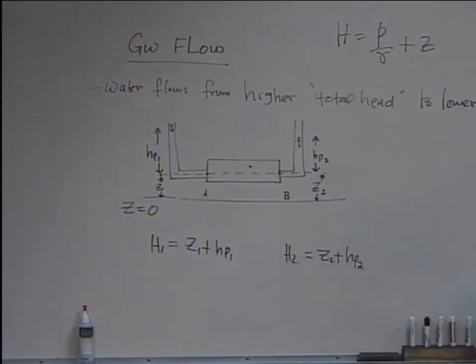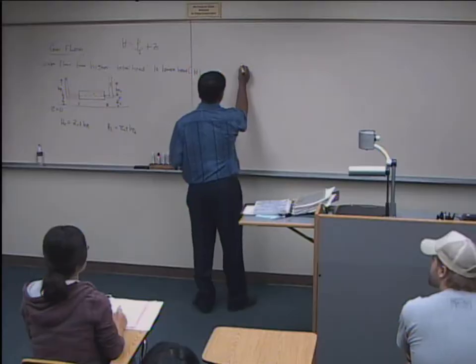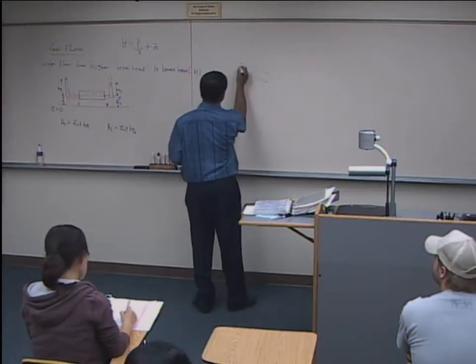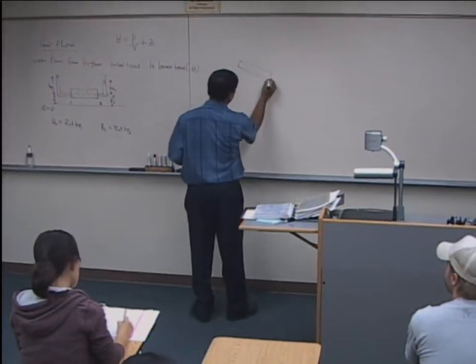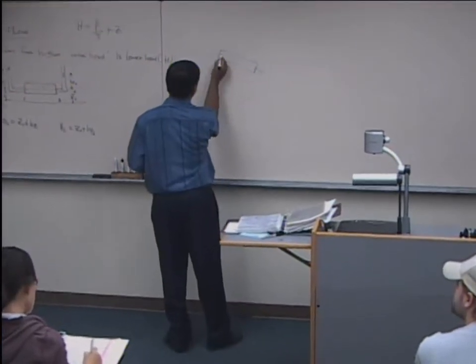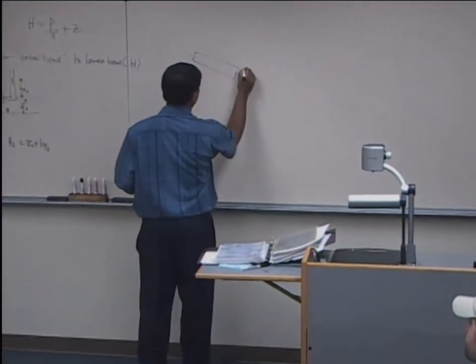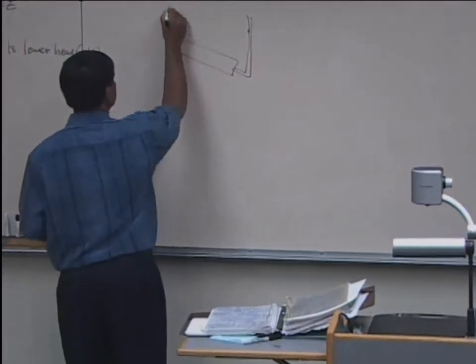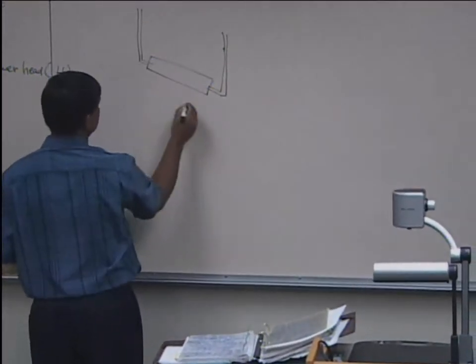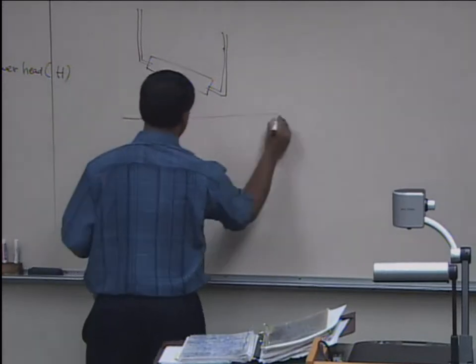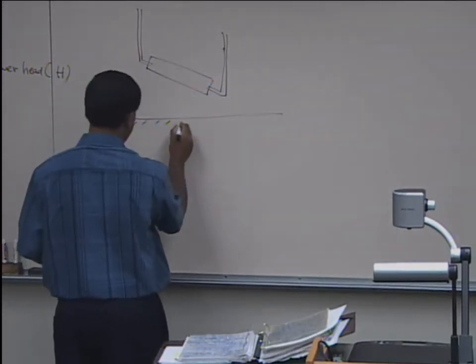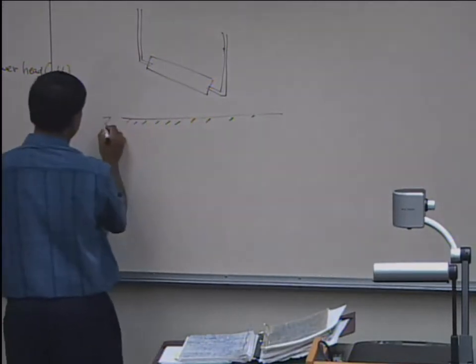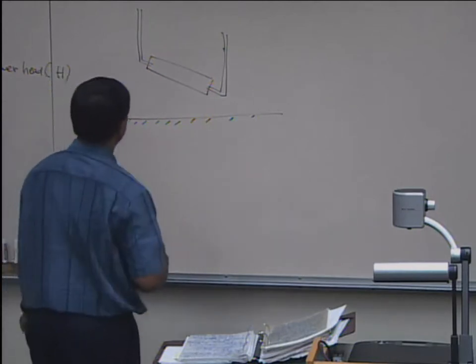What if I took this column now, and I'm going to tilt it? So gravity is kind of acting this way. And now I've got the same column, no more straight. It's the same day, the same lab, so Z equals 0.